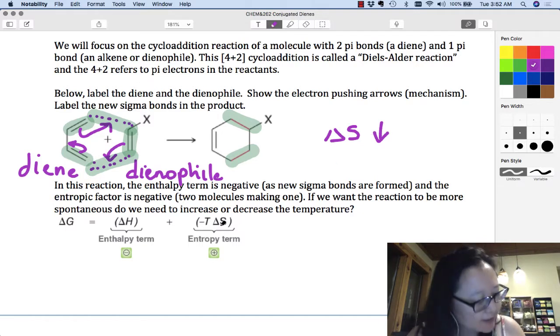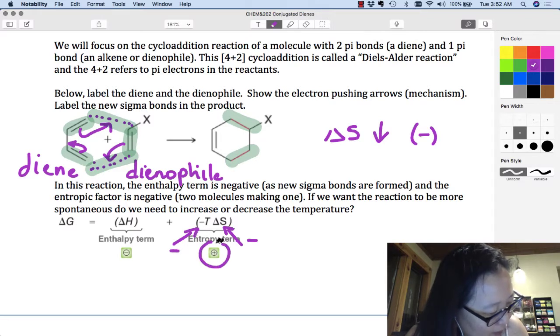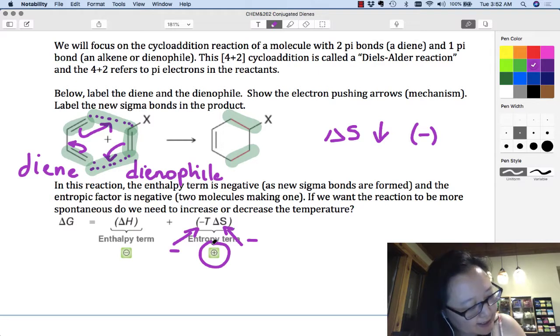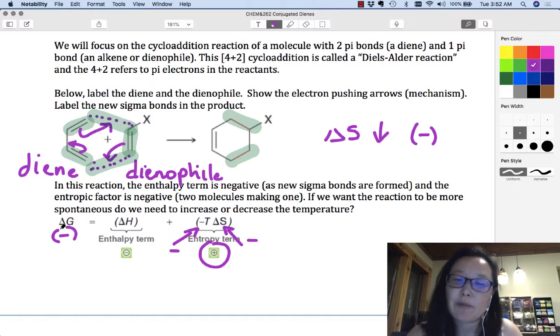But if delta S is negative, then the negative sign that's already in the equation is going to turn that whole term into a positive. Negative and negative make a positive. And we know that delta G is spontaneous if it's negative, right? So we don't want this term to be positive. We want the overall term to be negative, a more negative delta G or more product driven.